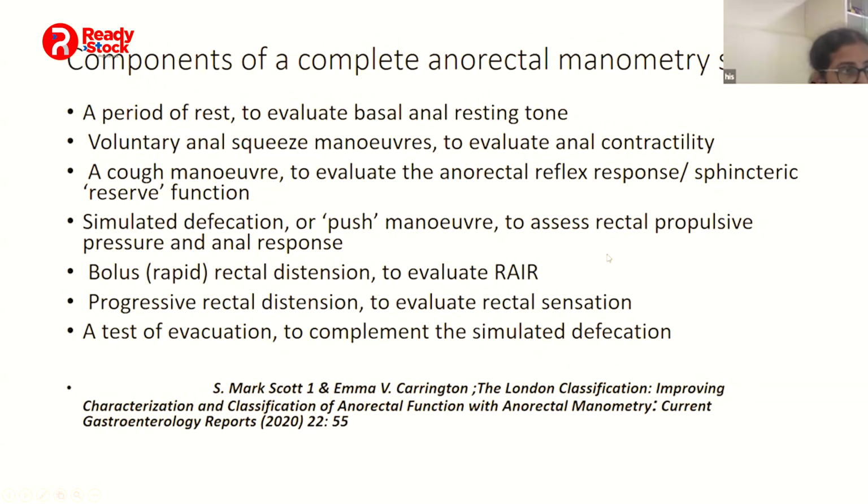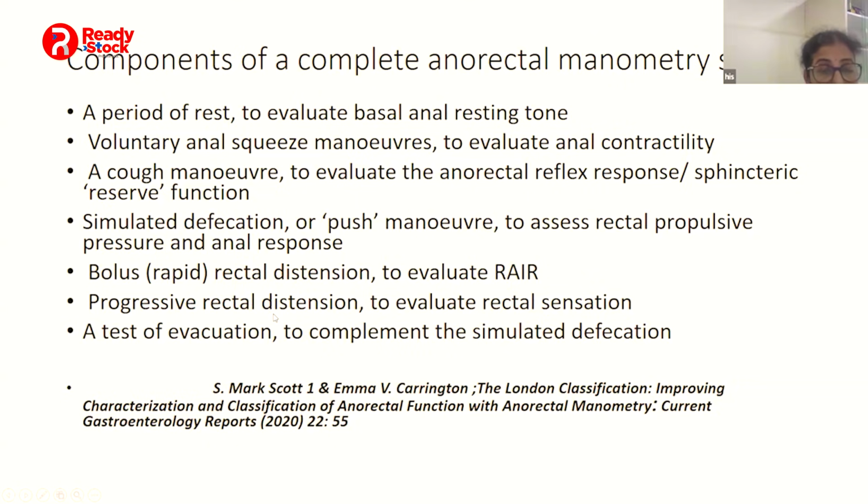What is rectal sensation? This is the ability of a patient to feel the distension of the rectal balloon. Normal rectal sensation is perceived anywhere between 30 to 50 cc of rectal balloon insufflation.